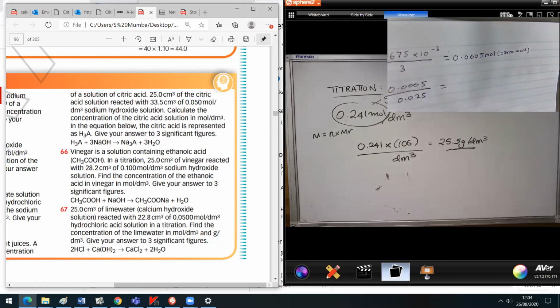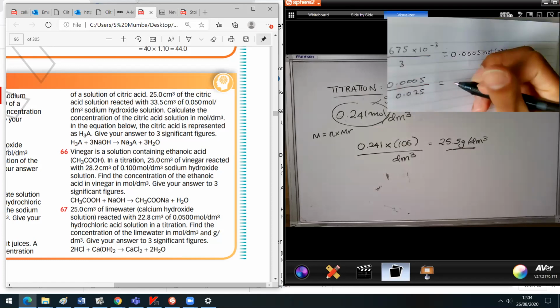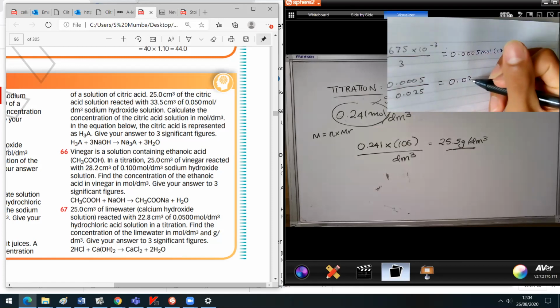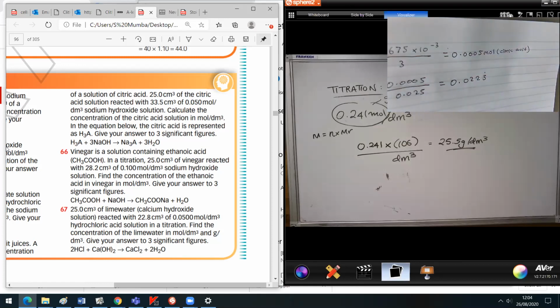25, and then get 0.0223 recurring, and that is our moles per decimeter cubed. And then give your answer to 3 significant figures.